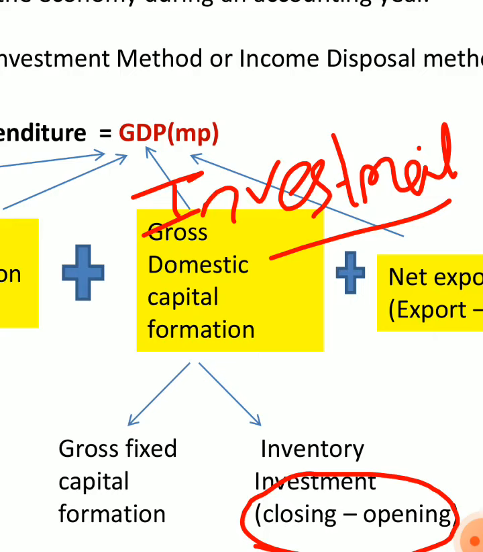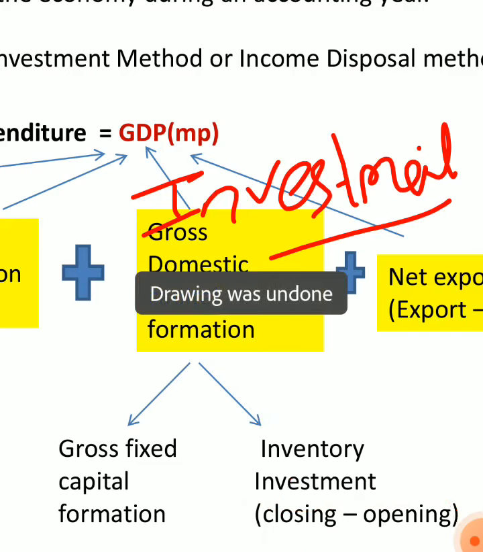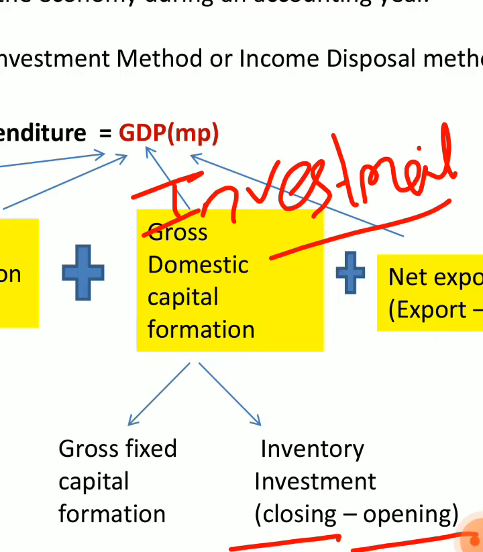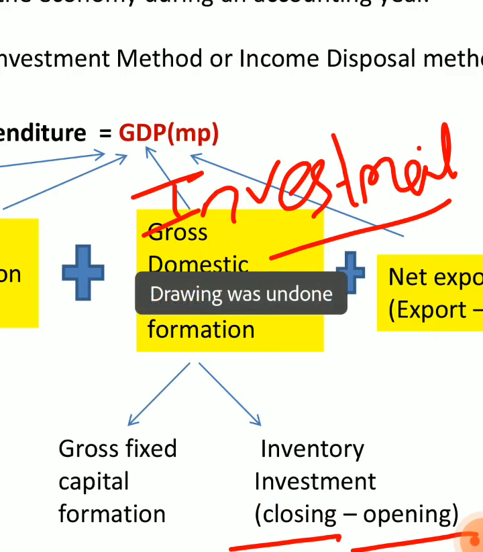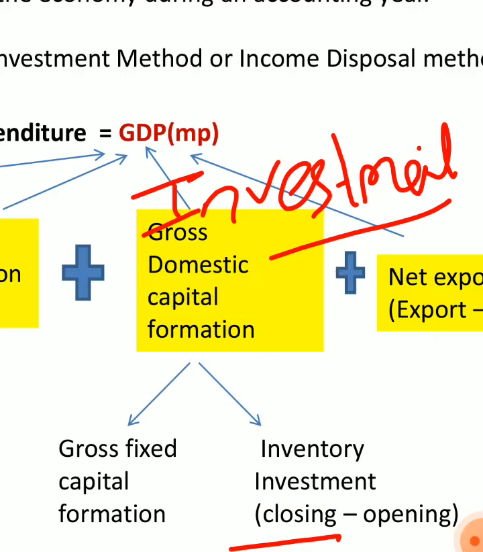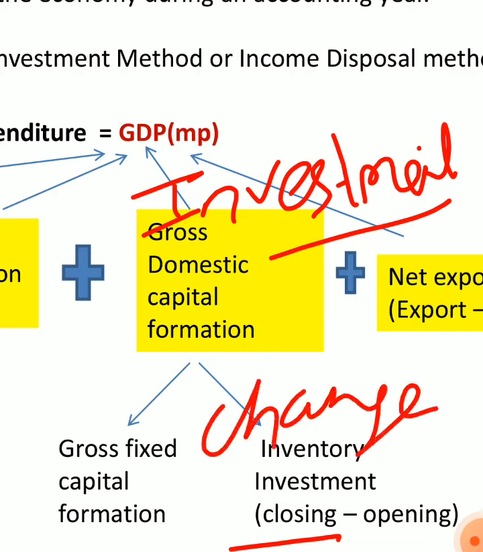So if you have to find the inventory investment and this inventory word is not directly given, then you have to find the closing and opening stock and subtract. Or we can also call it change in stock.